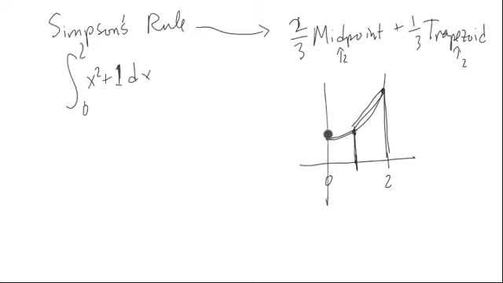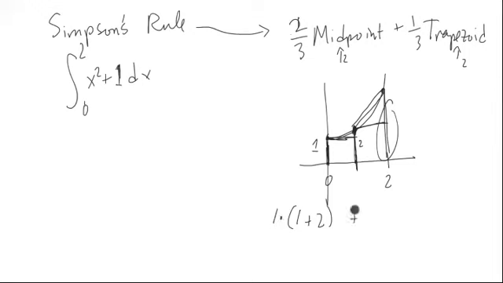So left-hand rule means we look over to the left of each subinterval, and we take that as our height on each one, like this. We can do that just by adding together all the heights, except don't add the rightmost. So the heights respectively are 1, and if we plug in 1, we'll get 2. So the left-hand rule is 1 plus 2 times the common width, which is 1.